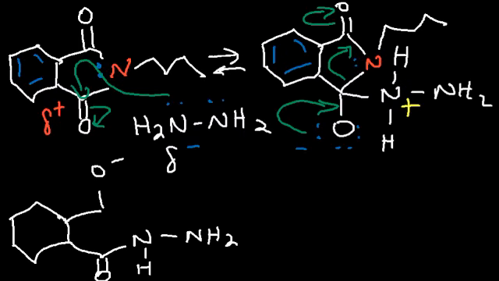So this nitrogen still has 2 protons, and we still have, let's see if I can put this over here. We still have the nitrogen, which is still attached to 4 carbons. The nitrogen still has a lone pair, but there's going to be a double bond here.